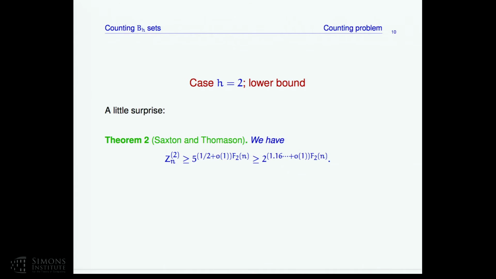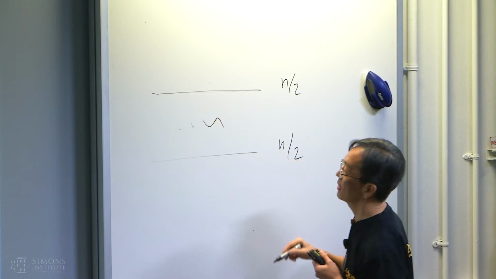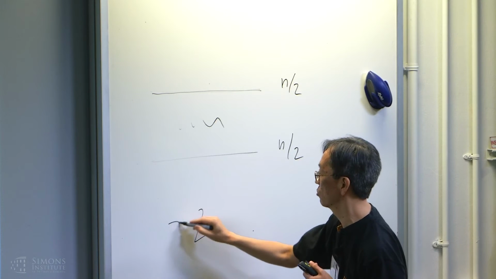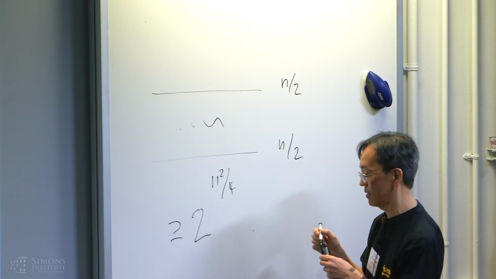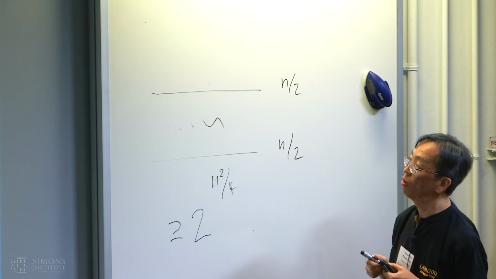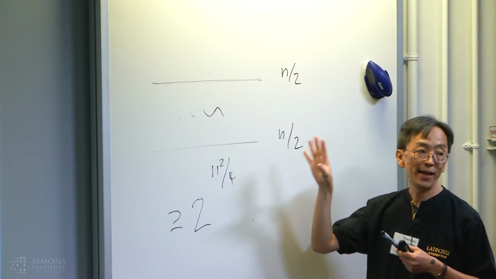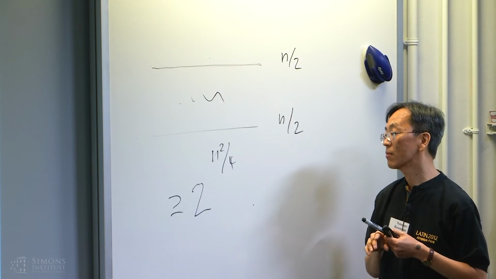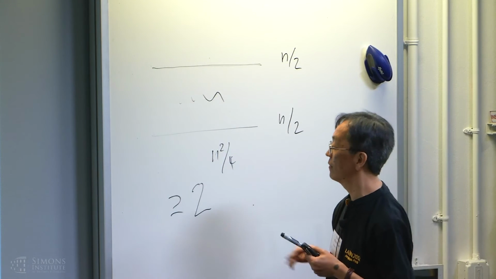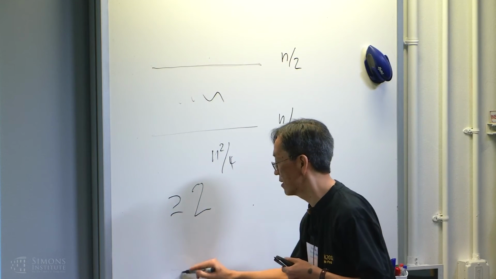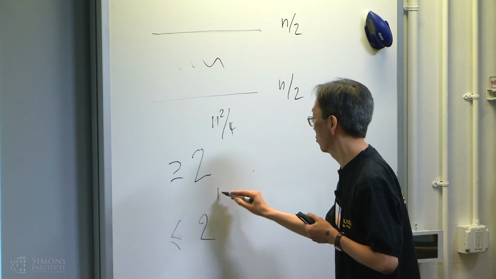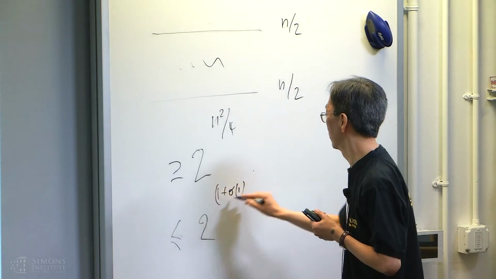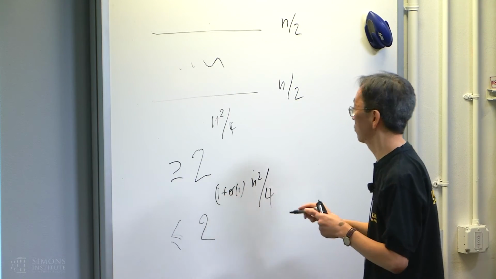You can take any subset of edges here, and that gives you a lower bound like this for the number of triangle-free graphs on n vertices. In fact, this is the right answer, and this is known since the mid-70s. It's 2 to the (1 plus little o(1)) n squared over 4.